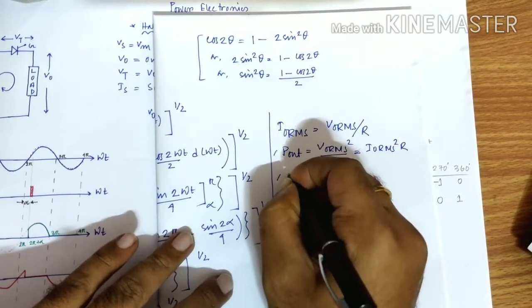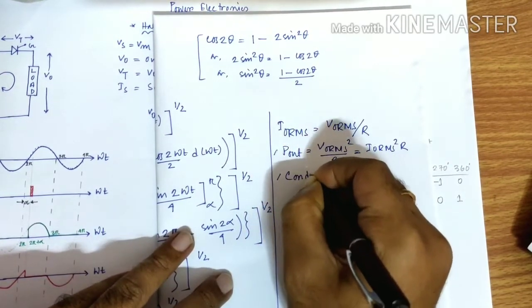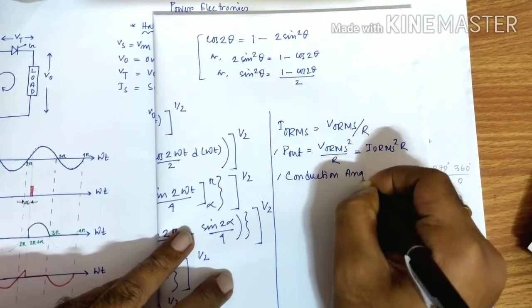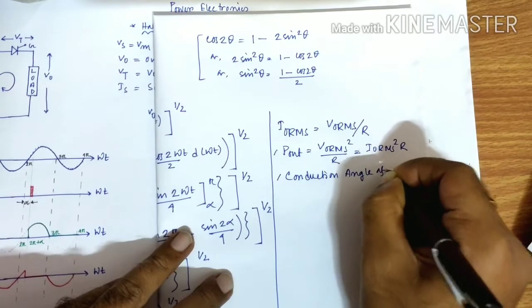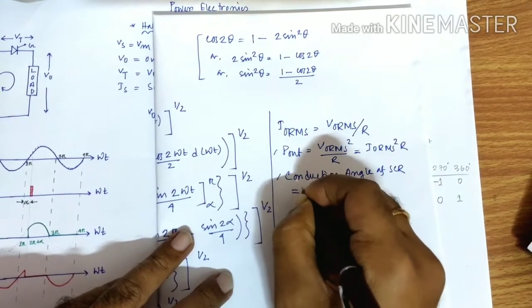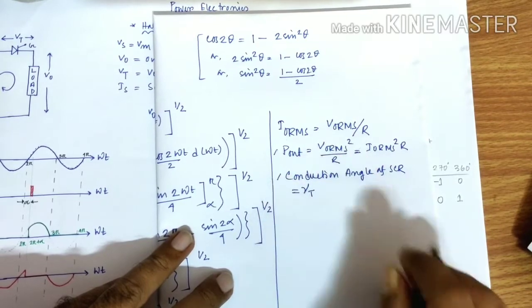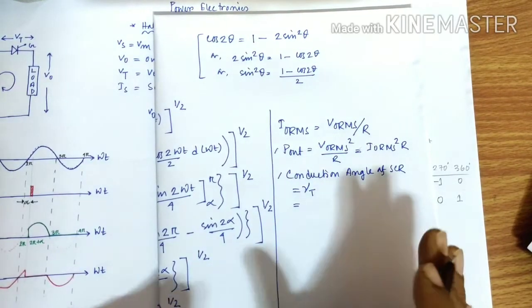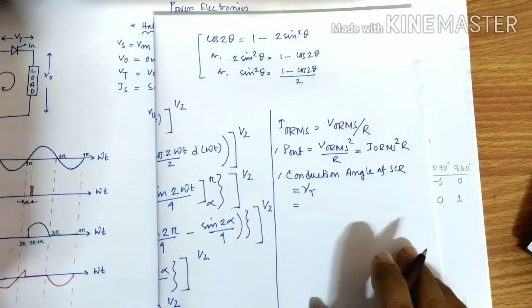I am writing here. Conduction angle of SCR or thyristor, that is represented by gamma t. What does it mean? It means for what angle the SCR is conducting.